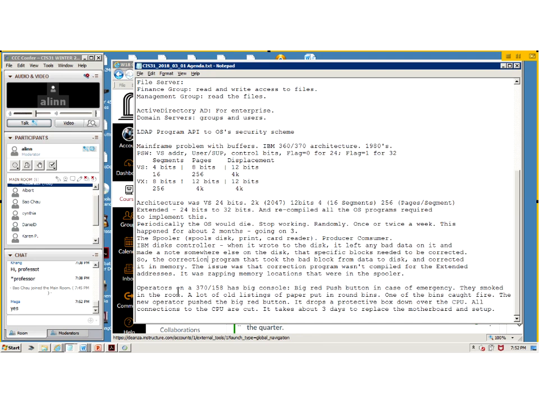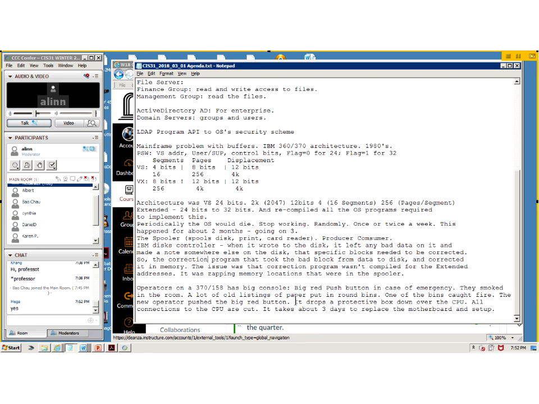Okay, another example about the way things used to be: the operators had a big console, and there was a big red push button in case of emergency. And they smoked in the room. They allowed them to smoke in the room. A lot of the old paper listings were put in these huge round bins. One of the bins caught fire. The new operator pushed the big red button.